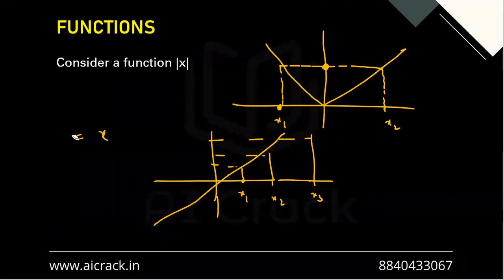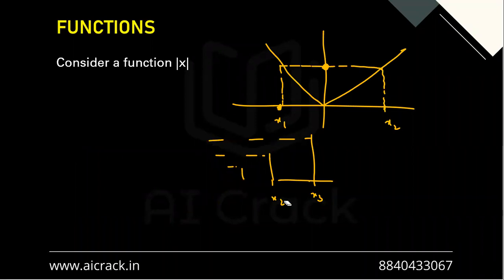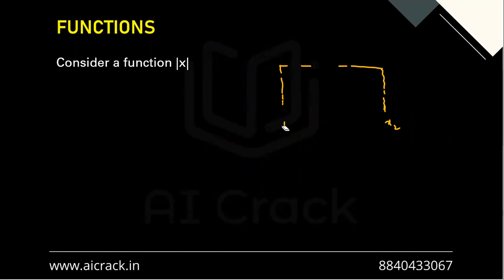Again, let's take this example. Let's say we have again the modulus function, but now I'll write the domain and codomain first. So this is being defined from R to R. So this is the domain, this is the codomain.